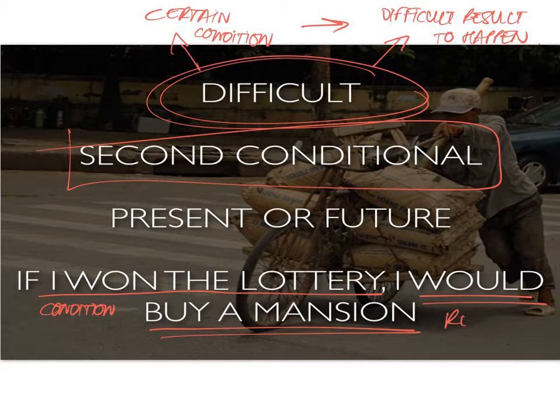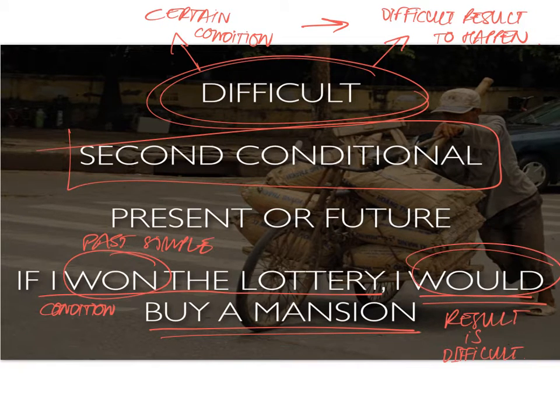So the result is difficult to get. If you pay attention to the structure, you see here past simple, and here would with infinitive. It's always like that, okay?